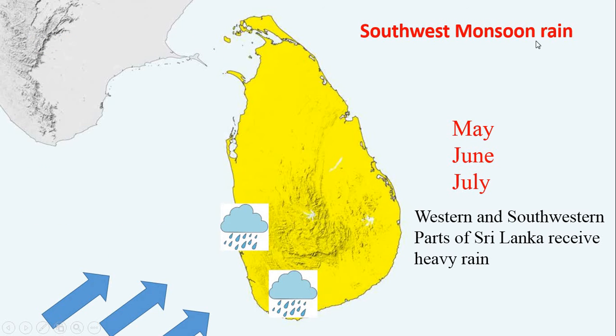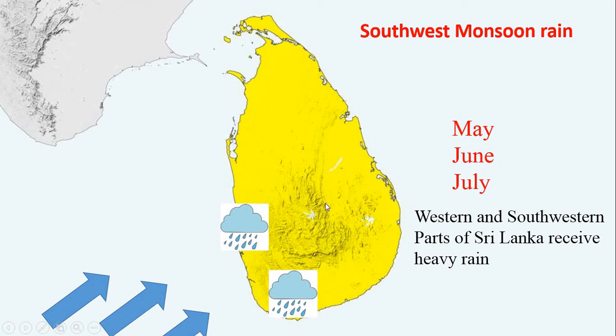Right, southwest monsoon rain. We have two main monsoon rains in our country. First one is southwest monsoon rain, the second one is northeast monsoon rain. Southwest monsoon rain we receive in May, June and July, in other words from May to July.